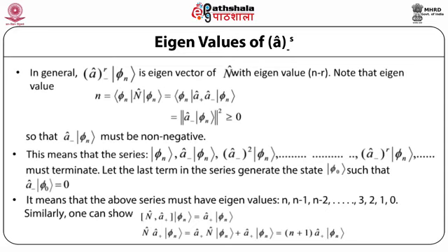Further, one can also show that the number operator acting on the raising operator a plus acting on the eigenvector phi n is equal to the raising operator acting on the number operator acting on the eigenvector phi n plus the raising operator a plus acting on the eigenvector phi n, and this turns out to be equal to within brackets n plus 1 whole times the raising operator a plus acting on the eigenvector phi n.